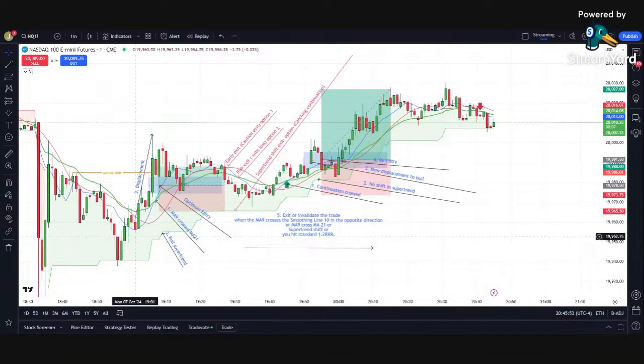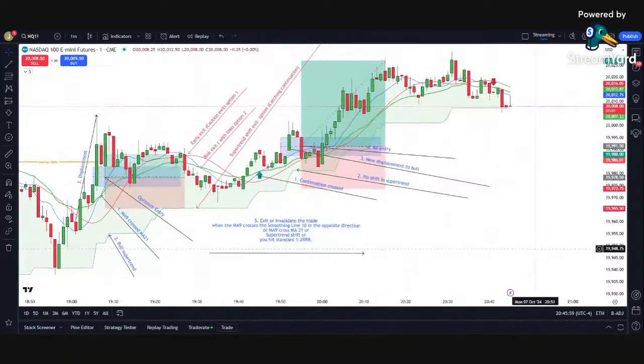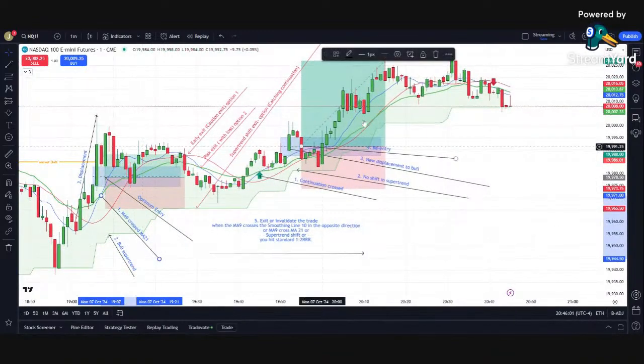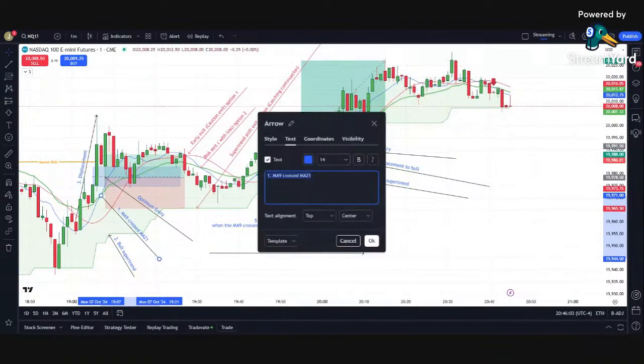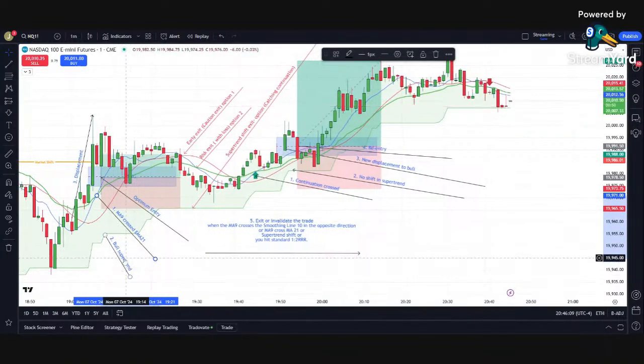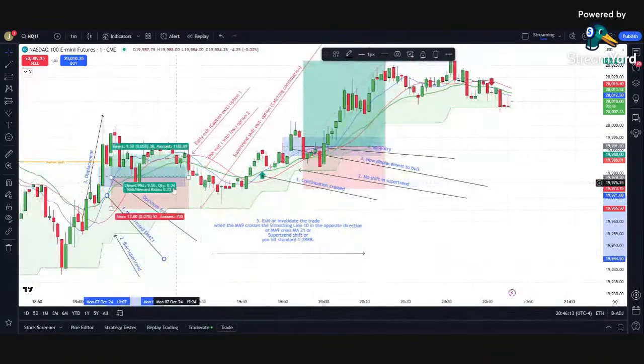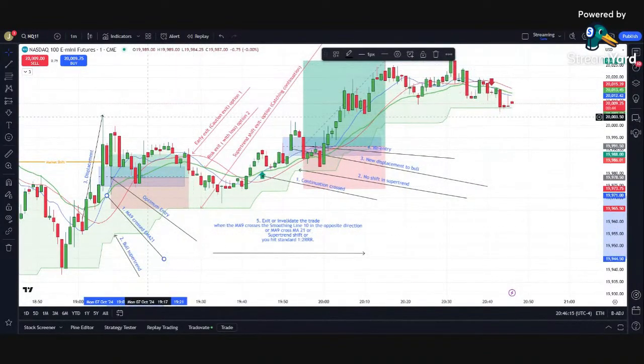We have a good setup. Number one, we have a cross of MA 9 to EMA 21, and then after that the bull Supertrend shifted. We're already on the bull Supertrend, shifted from here, supporting the bull market.